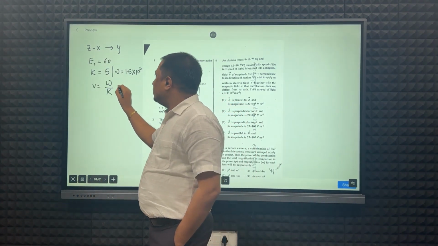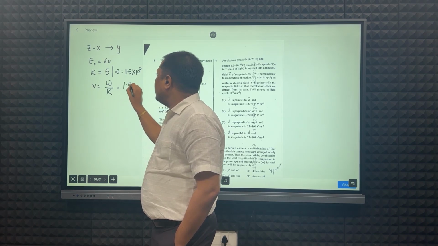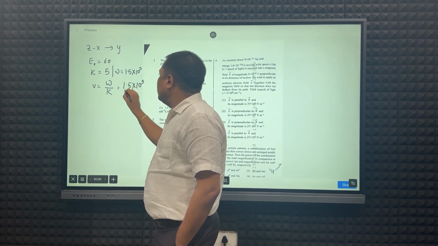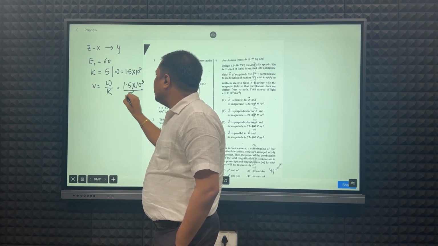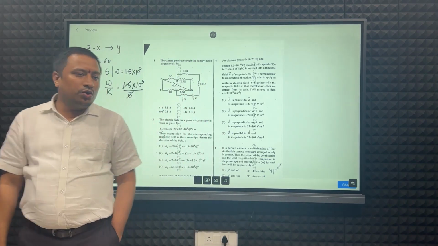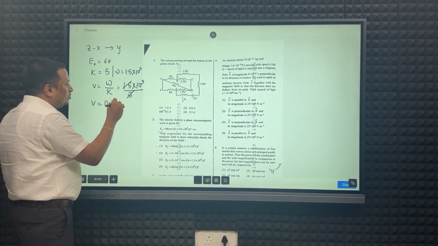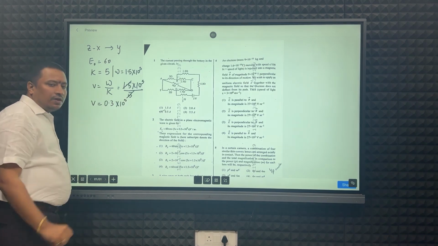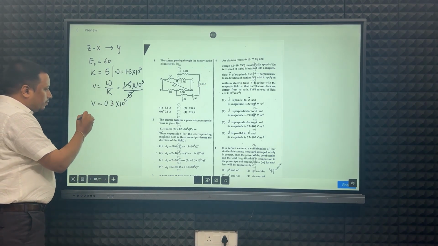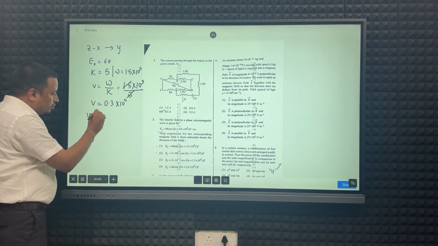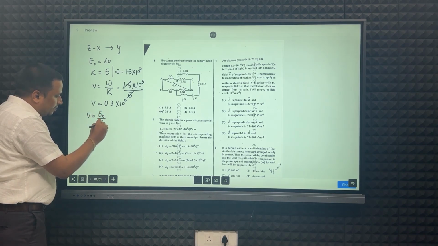If v is equal to omega by k, I will write 1.5 into 10 raised to power 9 upon k, that is 5. It will give me 0.3 into 10 raised to power 9. Now please tell me, can I write v is equal to E naught by B naught?